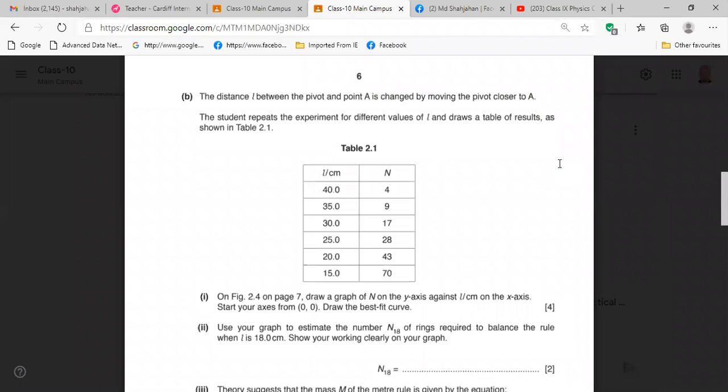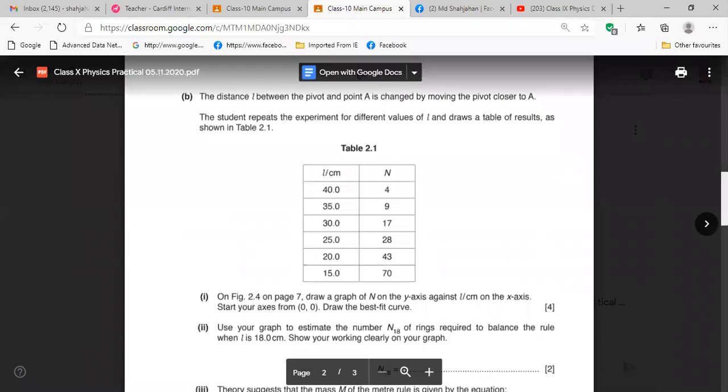On figure 2.4 on page 7, draw a graph of n on the y-axis against L in centimeters on the x-axis. Start your axis from 0, 0. Draw the best fit curve. Okay.